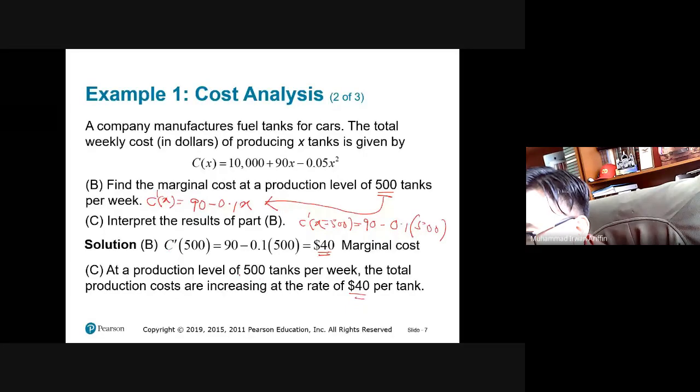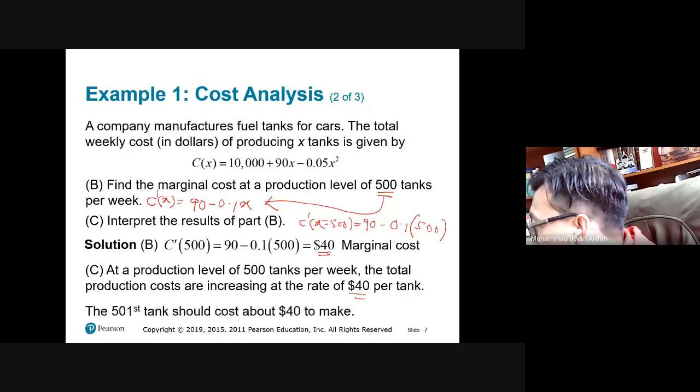So when we already produce 500 tanks per week, the total production cost would go up at the rate of $40 per tank. So if you were to add one tank, our total cost would be 540. Each additional tank would cost us $40.